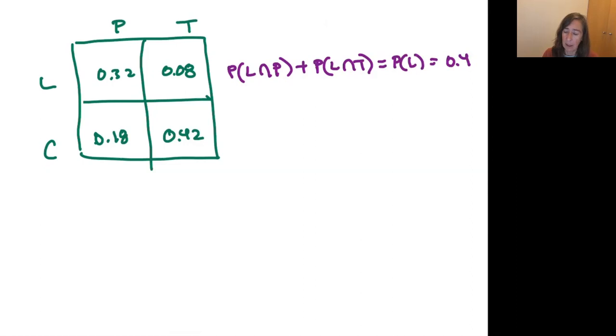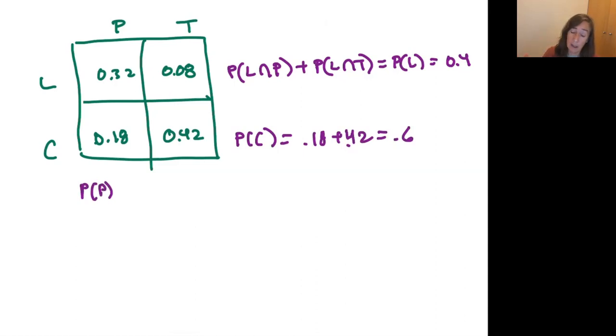And similarly, adding across this row, the probability of being conservative. Well, there's two ways to be conservative. You can either be conservative and socially progressive or conservative and socially traditional. We add these up, 0.18 plus 0.42, and we get 0.6. We can also add down the columns to get the probability of being progressive.